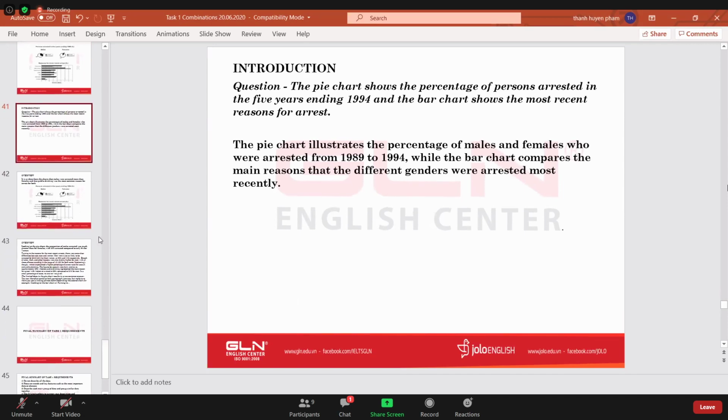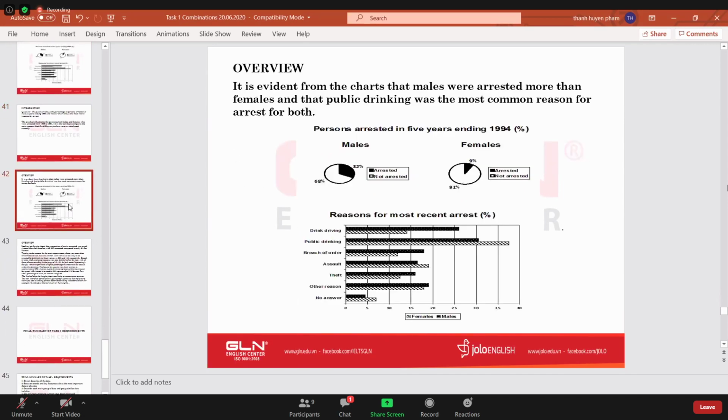So back to the diagram. So how are we going to do the overview? Well, clearly we have to take one from each diagram. So with the pie charts, it's going to be a comparative overview of the two charts.